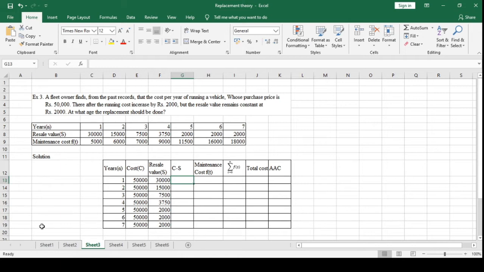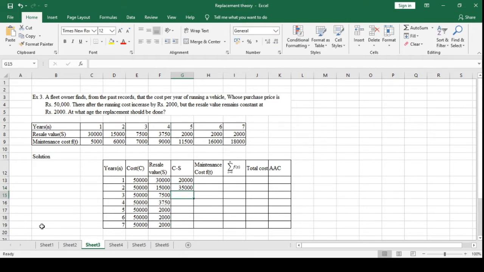Now the next column is C minus S, that is purchase price minus resale value. So we will fill up that column. For the first year we subtract 50,000 minus 30,000, so that is 20,000. Then 50,000 minus 15,000, that is 35,000.